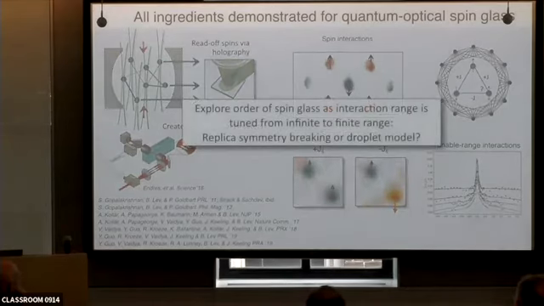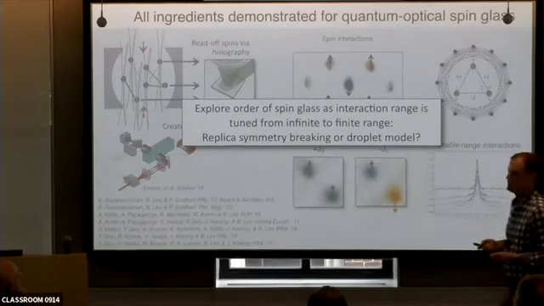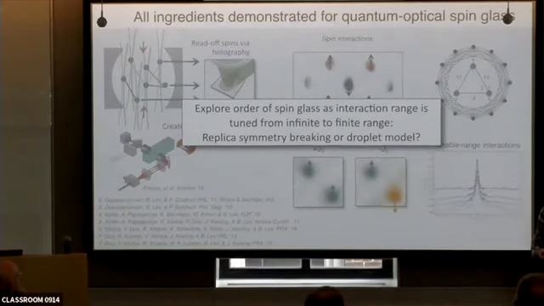So where are we going with this? What we'd like to do is to explore a 35-year-old problem, the spin glass problem, which is a very difficult problem to solve in statistical mechanics. And what's known about it is that in infinite dimensions, or all-to-all connectivity, it has a very bizarre solution called the replica symmetry breaking solution, which has a lot of application in computer science.